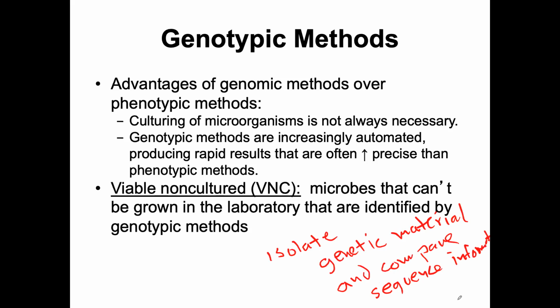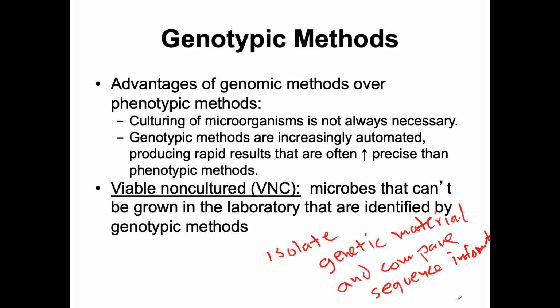So we look at the sequence of DNA that we are able to isolate from the patient, and we compare that to information that we already have from other organisms, and we see where there's a match.